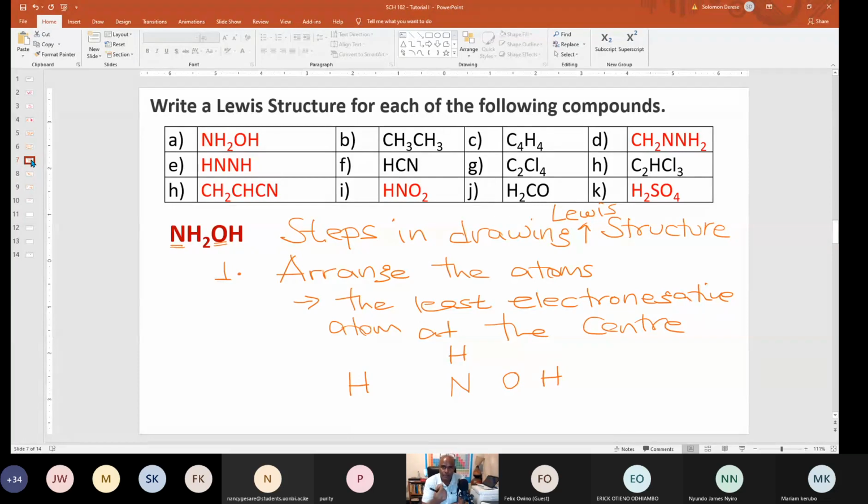Is it okay? So if you are asked for something like this, if they are neutral, you can just decide to leave it. But if you think they are charged, we can work on them. Is it okay?